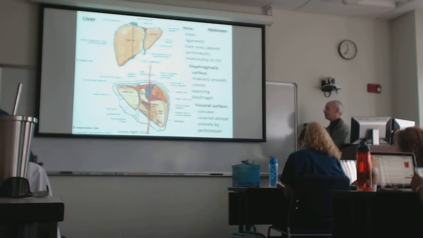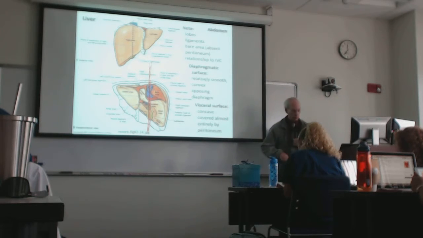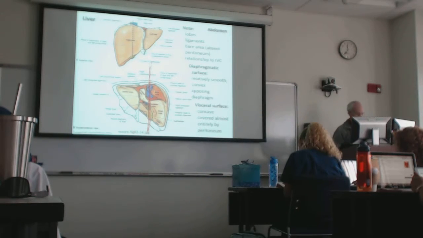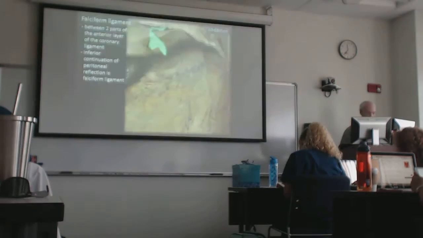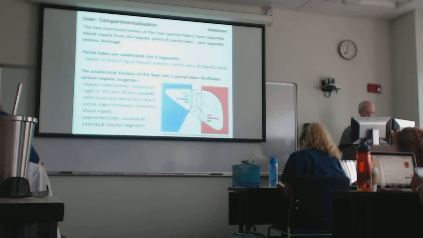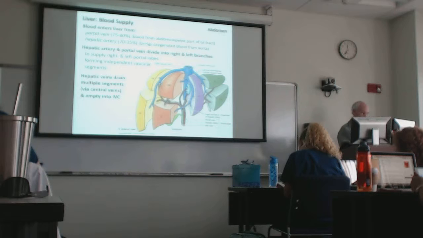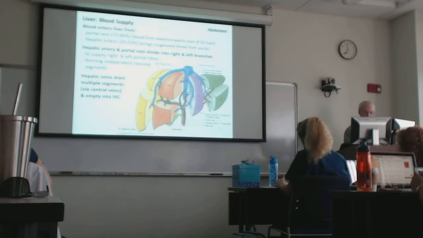Now, the reason that portal division is also called the functional division, and I don't know if I have the illustration here or not. Yes, is because if you look at these various lobes, there are going to usually be 8 of these. These are analogous, for example, to bronchopulmonary segments.